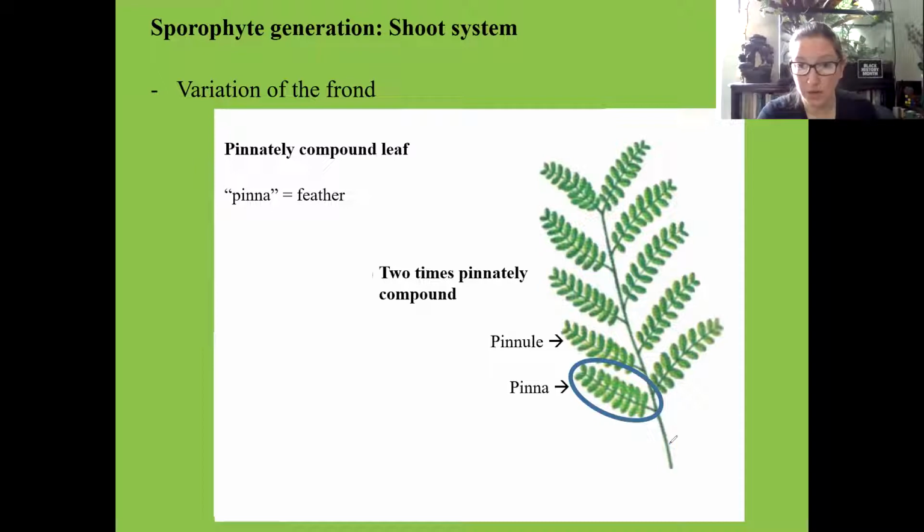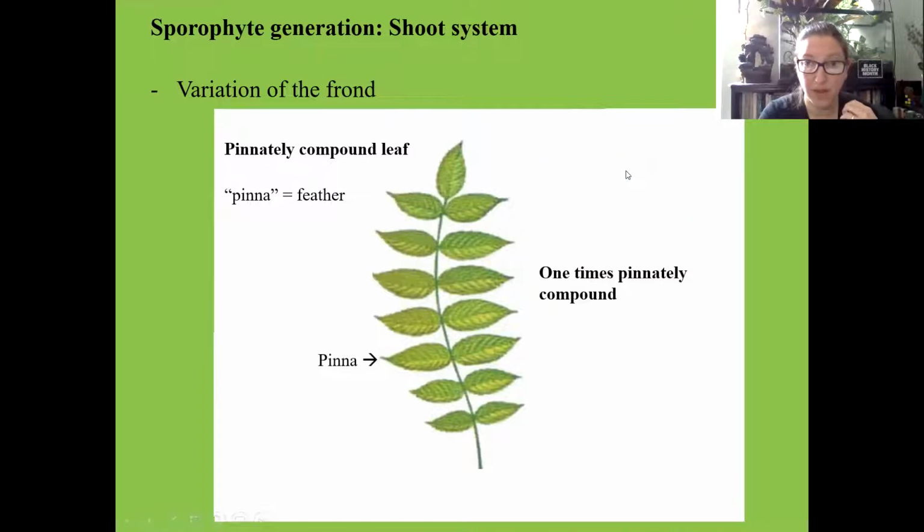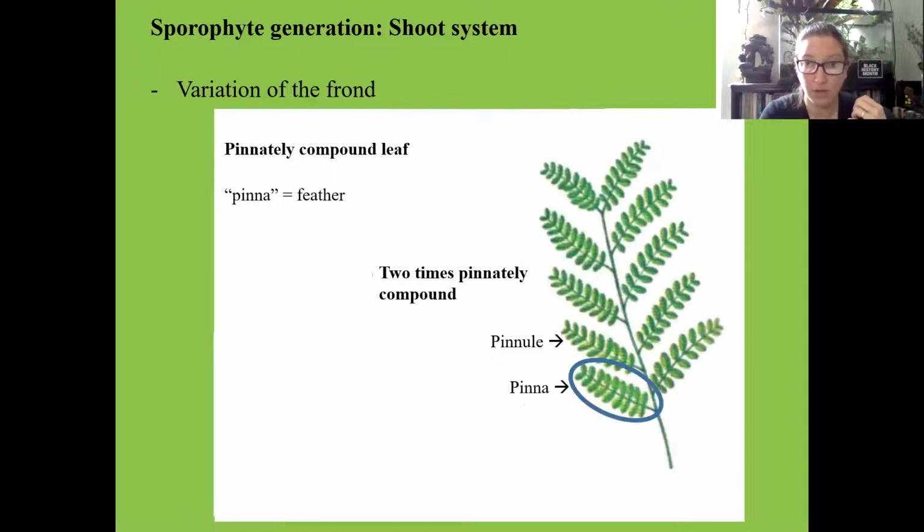Here's the main stem, and then there's another little stem coming off the main stem, and then the littlest leaves are attached to that. So that's your 2 times pinnately compound. If you go back to compare the 2: 1 times pinnately compound, 2 times pinnately compound.